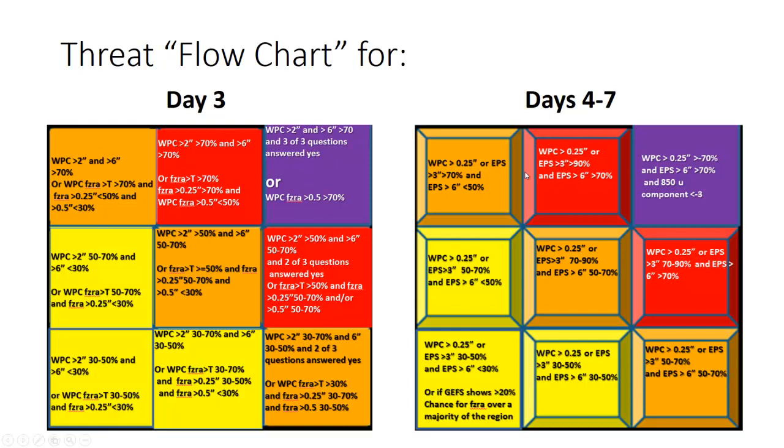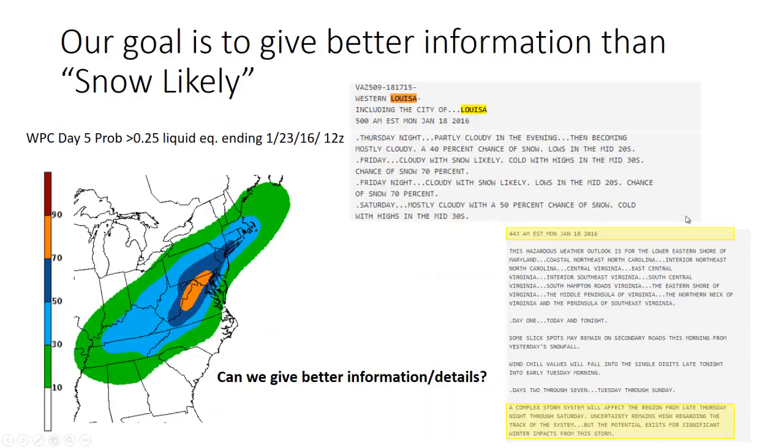So days 4 through 7, it's the same type of thing, increasing probabilities, increasing confidence as you go up, and then increasing impacts as you go to the right, especially once you start seeing your U component less than -3, that anomalous easterly flow. But again, don't worry about the details here because the GUI does that for you.